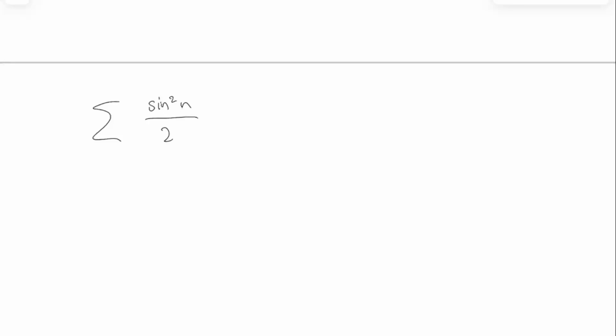This is a strange series here. Sine squared of n over 2 to the n. So should I be comparing this with a geometric or a p series?